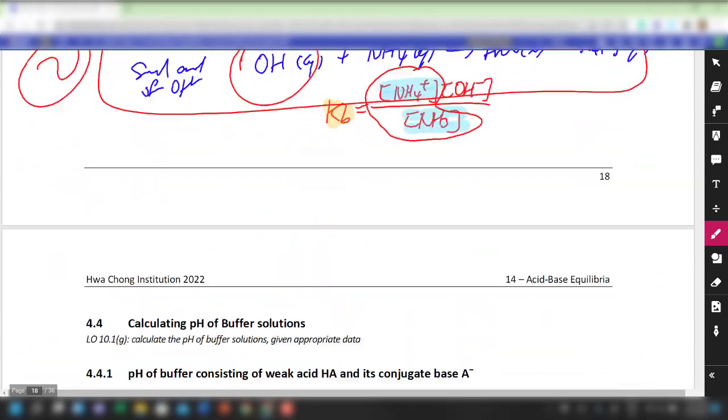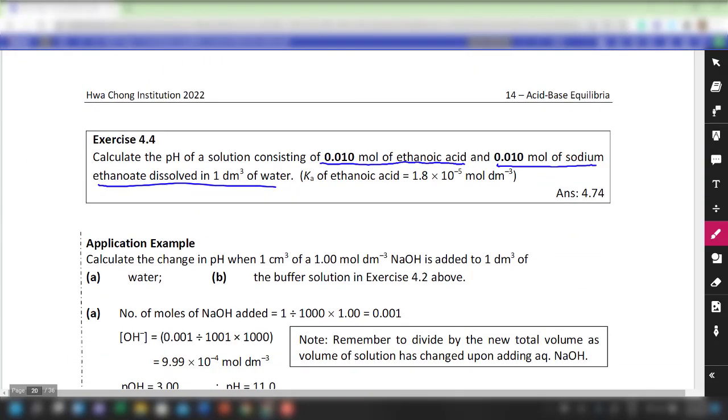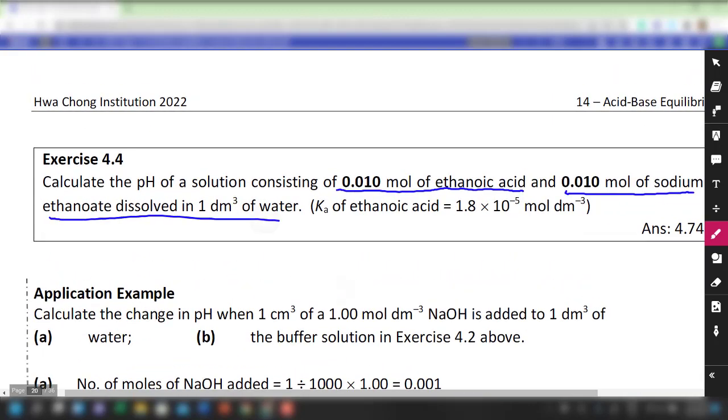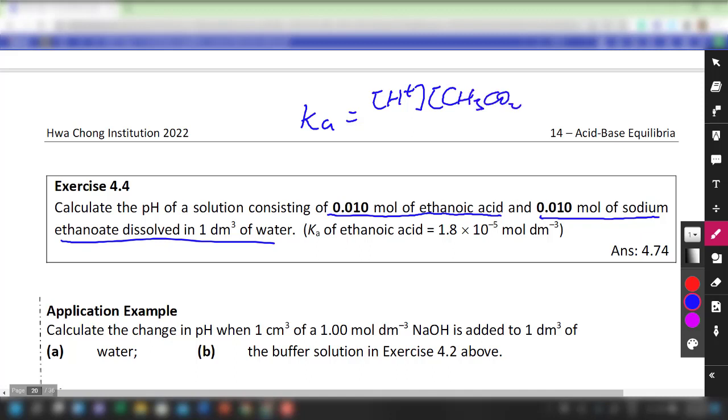Okay, so what you can do is simply, just to ensure that I complete all exercises, I'll just do that quite quickly. So therefore, my Ka expression, I will equate it to H plus times ethanoate, and divide by ethanoic acid.